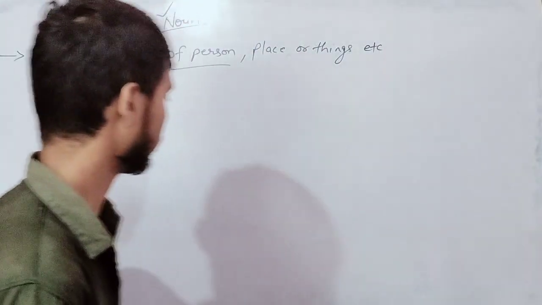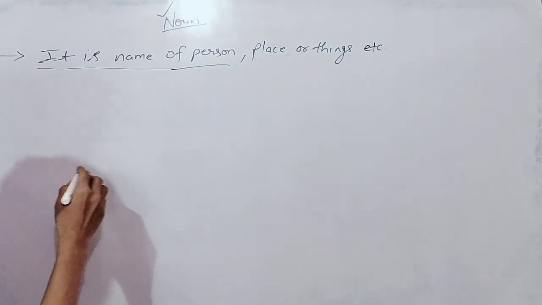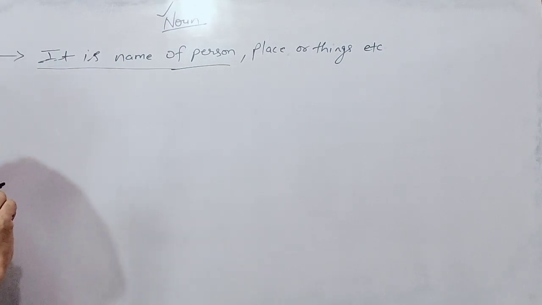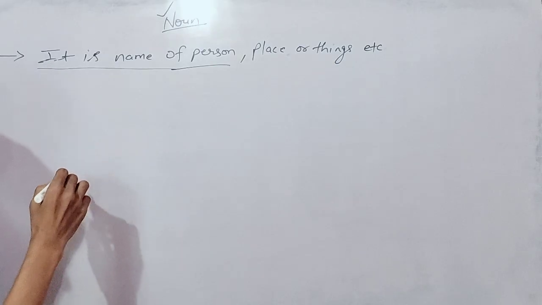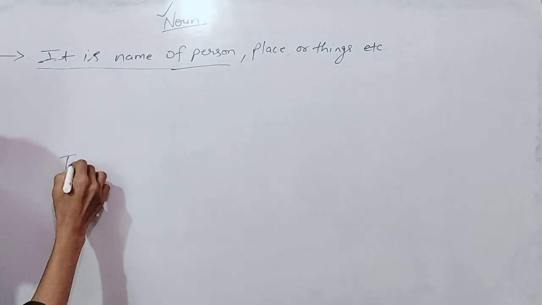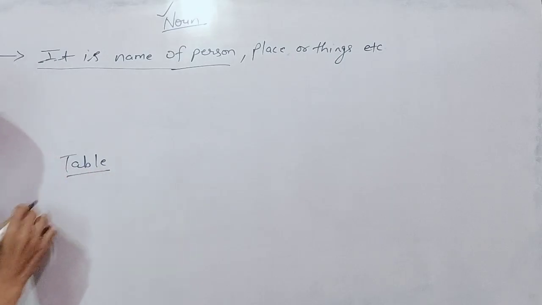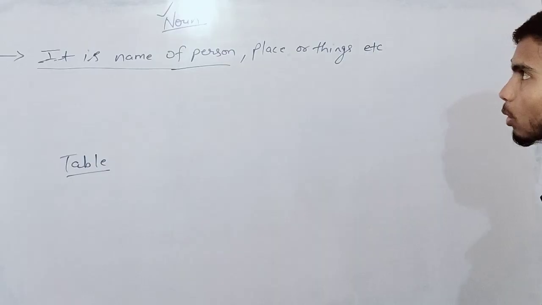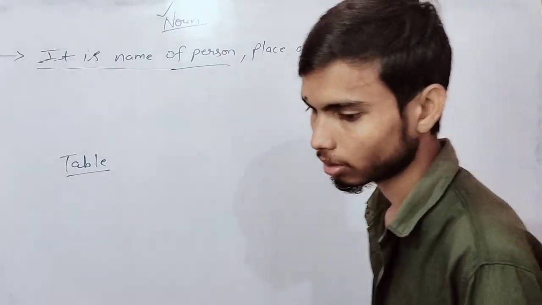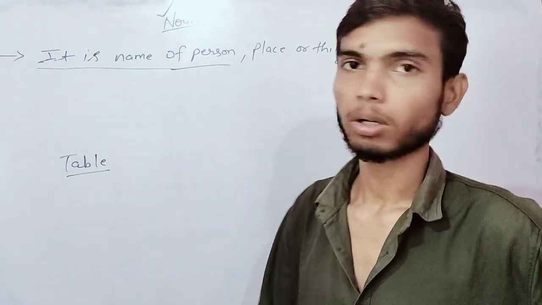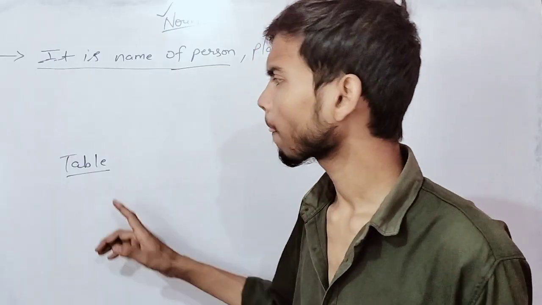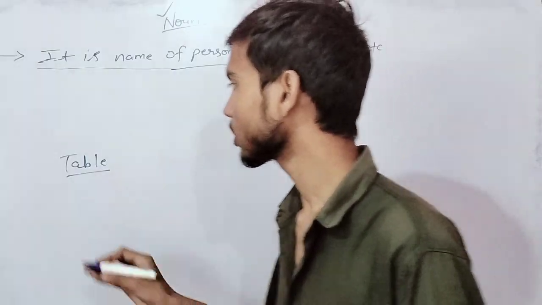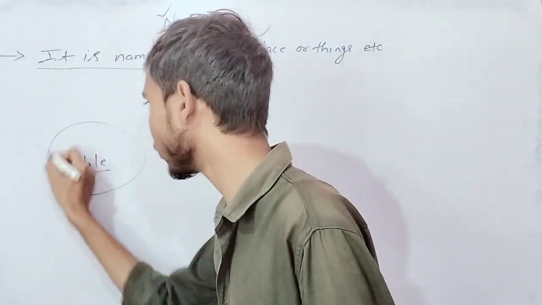For example, table. Okay, it is just an example. Now you say that it is a word.